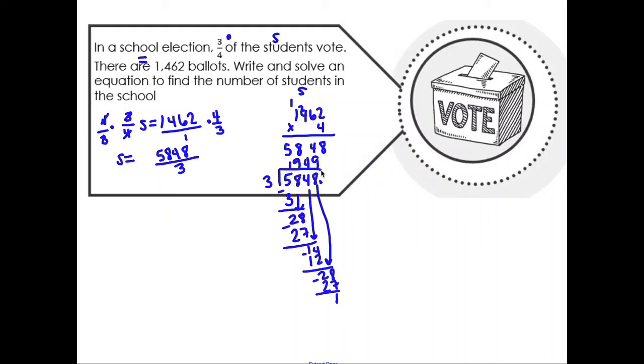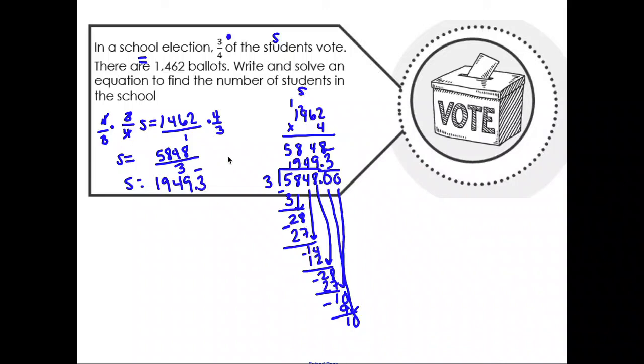Okay. Add a decimal. Add a 0. 3 goes into 10 3 times. 3 times 3 is 9, get a 1, I get 10 again, so I'm going to have a pattern. Okay, so when I solve my equation, I get 1,949 and 3/10 repeating.